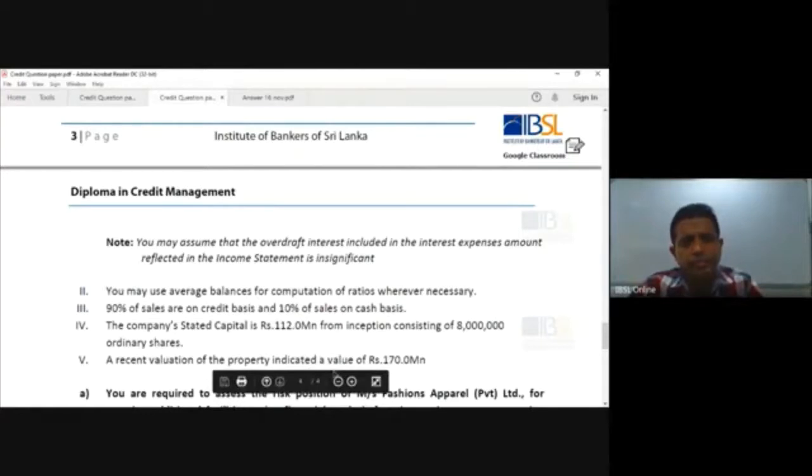Therefore, stated capital for every year is 112 million. There is no issue. Then we have to know stated capital plus reserves.